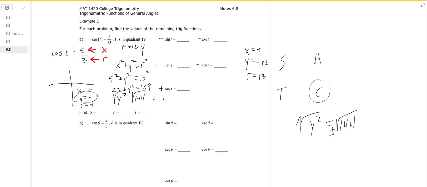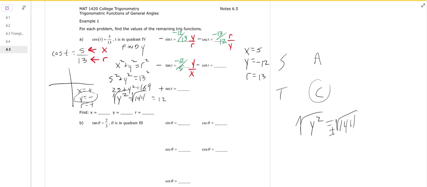So now we're able to easily write our ratios. So the sine's y over r, cosecant is r over y. So that means our answer for sine would be negative 12 over 13. Cosecant would be the reciprocal, so that's negative 13 over 12. The tangent is going to be y over x, so that will be negative 12 over 5.